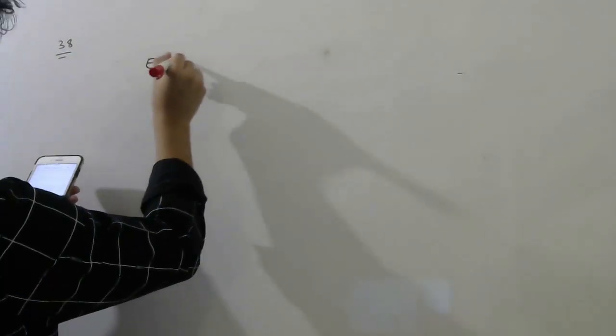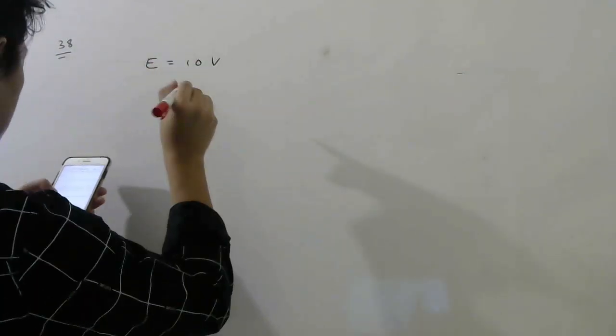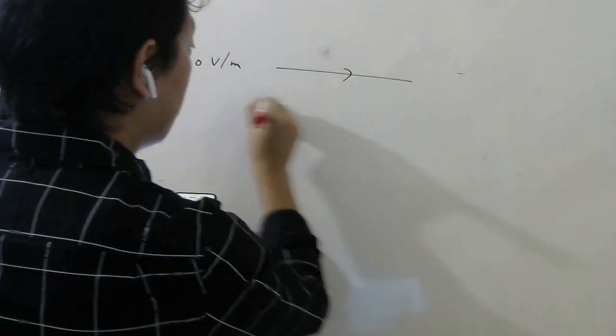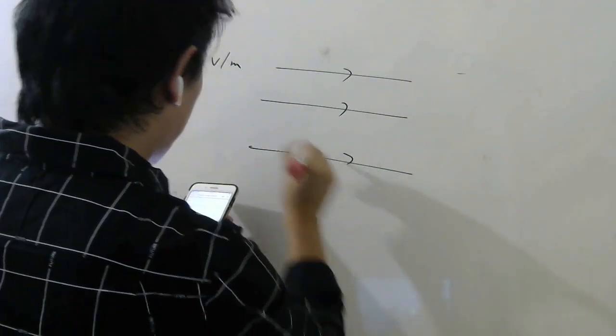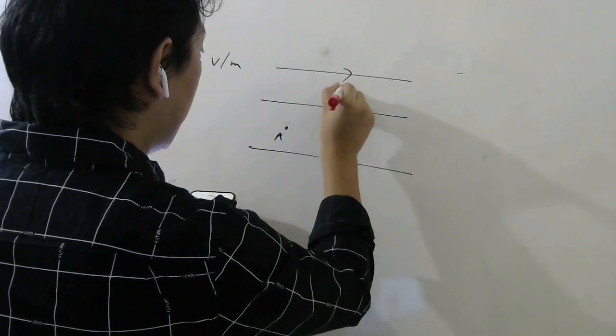An electron is taken from point A to point B along the path AB in a uniform electric field E equal to 10 volt per meter, not 10 to the power, 10 volt per meter. The diagram shows a uniform electric field. Point A is somewhere here and point B is somewhere here.